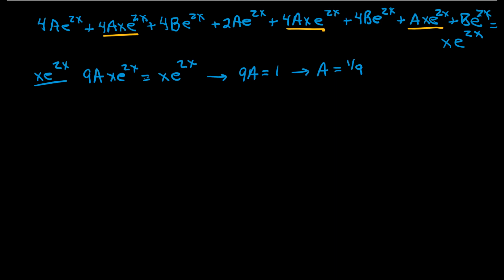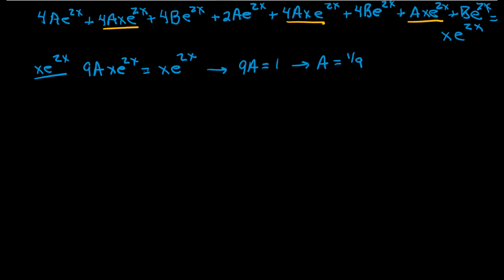Okay. Now, what else do we have laying around here? We have some e to the 2x terms. In fact, we have quite a few of them. Starting at the far left, we have an e to the 2x term coming up here. We have 4a.